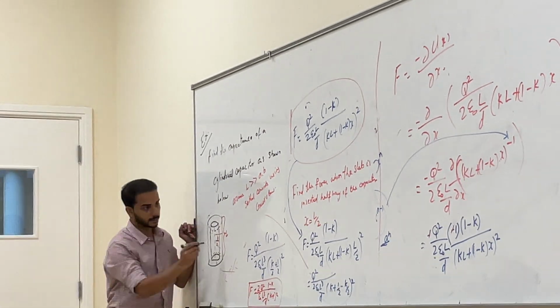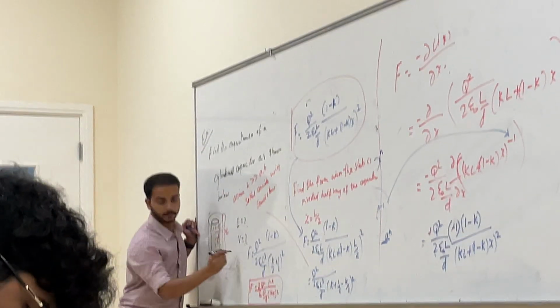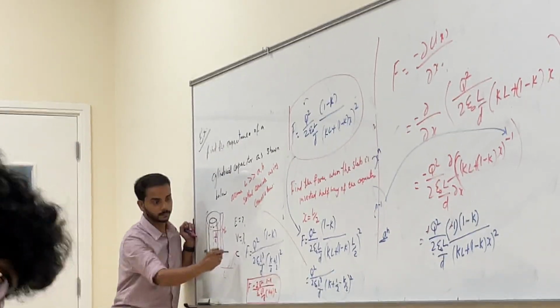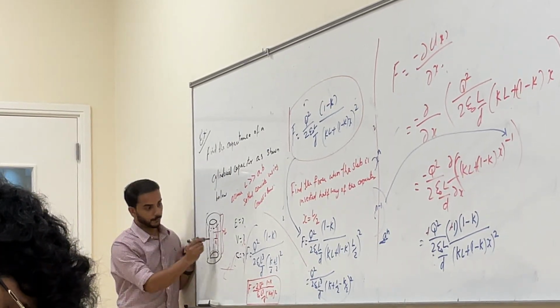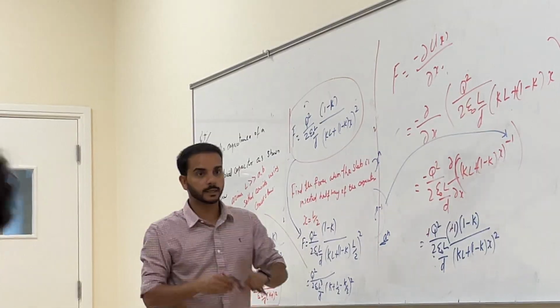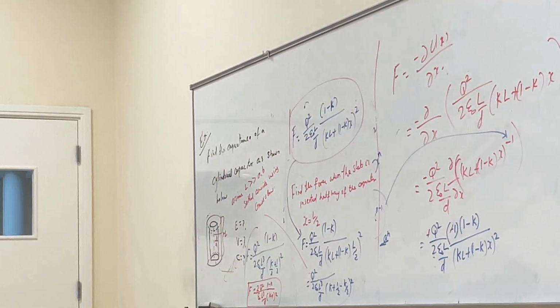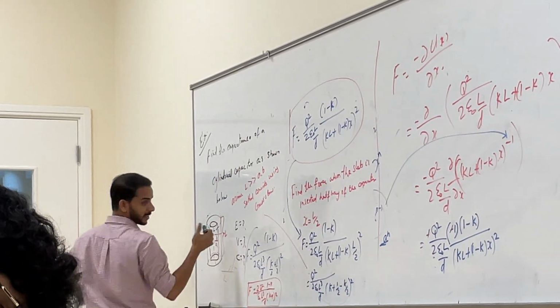So you first find the electric field, right? Then the potential, then capacitance. Okay, this is the clue. So find the electric field. You just take the Gaussian surface in between. For those who want, they can leave. This is just an explanation.